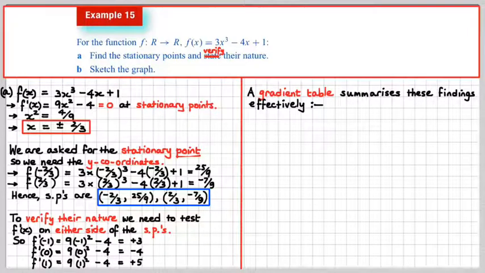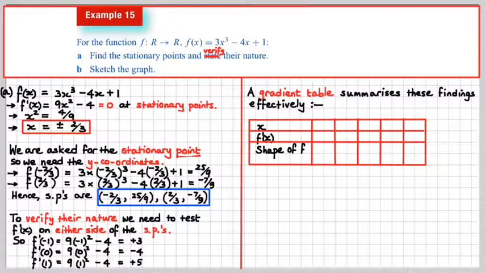Now, therefore a gradient table summarises these findings effectively, and we go like this. We've got x, f of x, and f dashed of x. Sorry, f dashed of x.